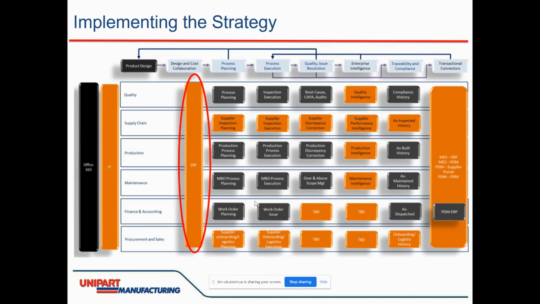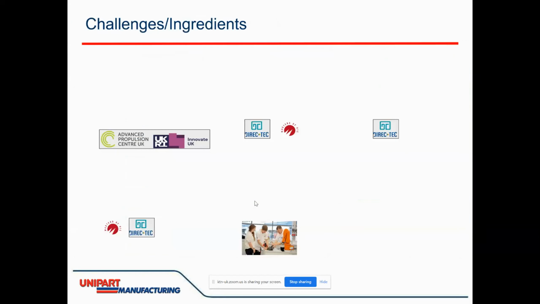Once that architecture is in place, every department knows, when it comes to design for manufacture, design for assembly, and design for testing, where they need to use the tools, how they're going to use them, and how they're going to communicate to the wider company and value chain.